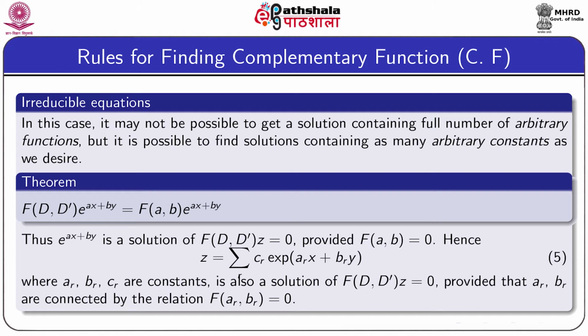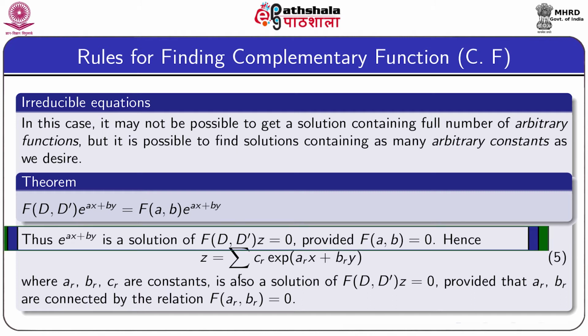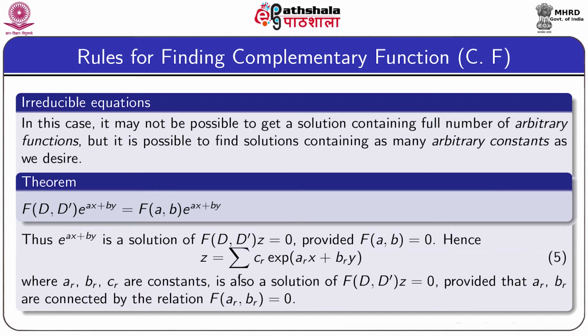Now, this e to the power ax plus by will be a solution of the equation Fz equals 0, provided F(a, b) equals 0. So, from the equation F(a, b) equals 0, one can obtain a set of values for a and b which satisfies this equation.